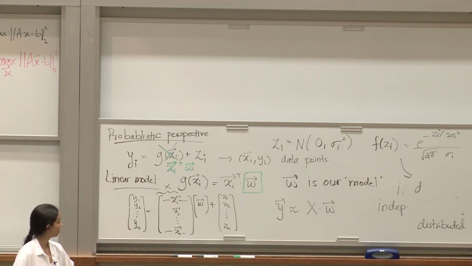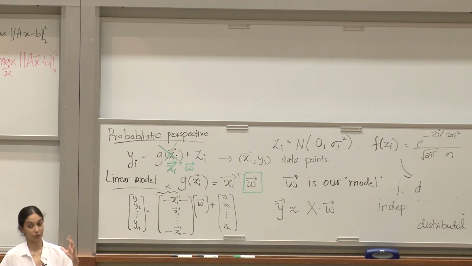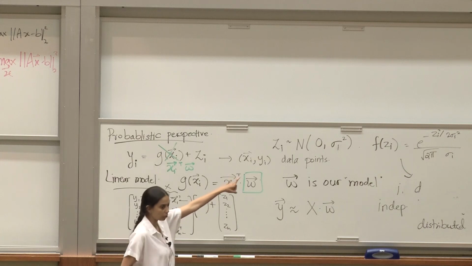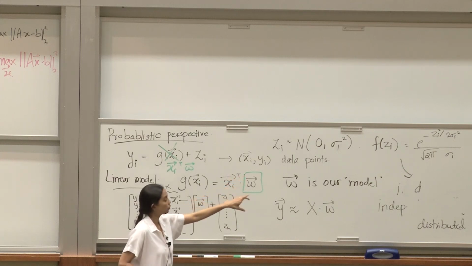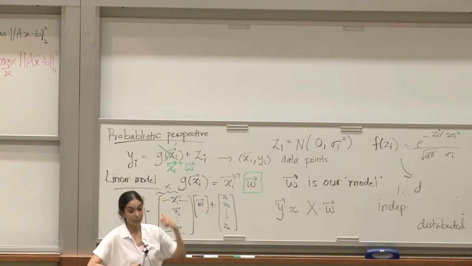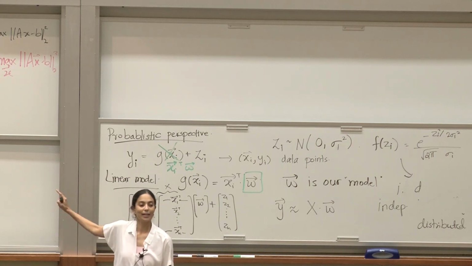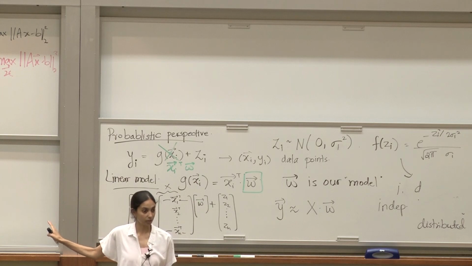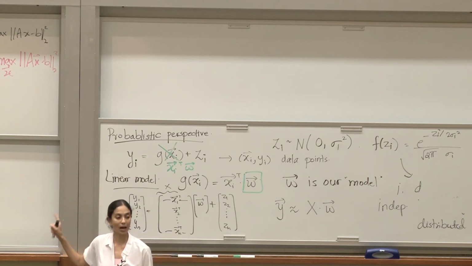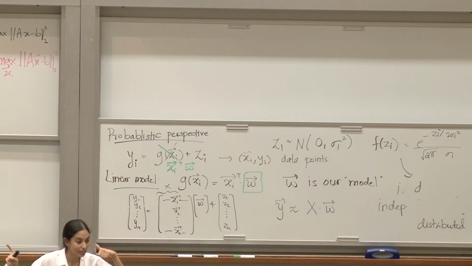Would this work with a bunch of different noises? I'm assuming you mean different densities here. If I had different densities, maximum likelihood estimation always works. But this nice simplification, that the least squares estimate equals the maximum likelihood estimate, relies on the Gaussianity assumption and the linear model assumption.